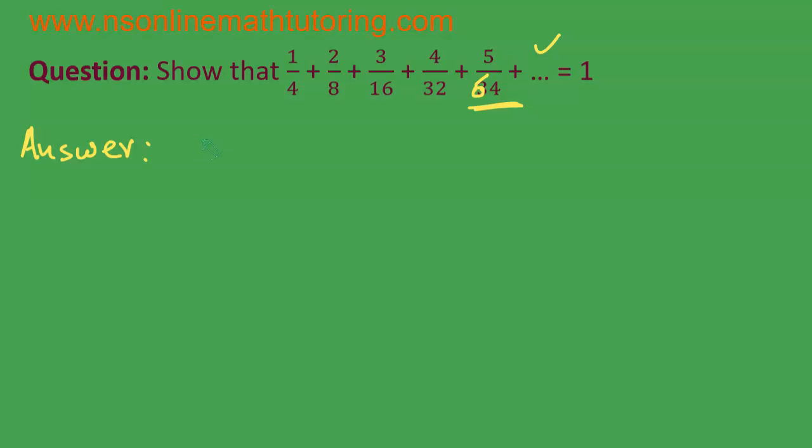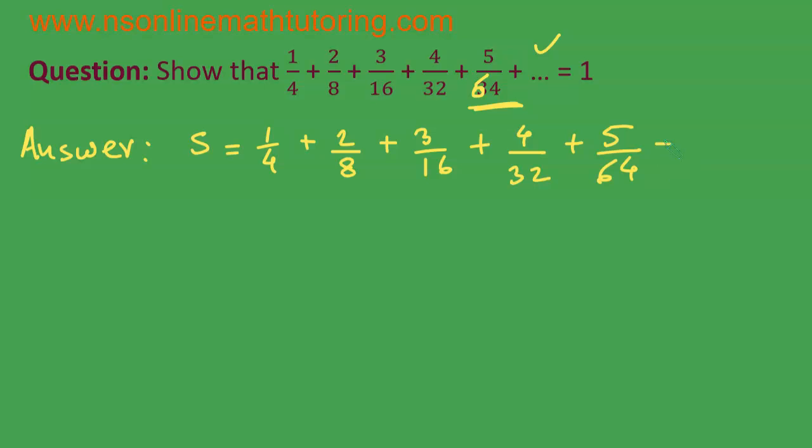So let us write S is equal to 1 over 4 plus 2 over 8 plus 3 over 16 plus 4 over 32 plus 5 over 64 plus dot dot dot. And again, let me show you that this is not a geometric series at all, because 2 over 8 is equal to 1 over 4 and 1 over 4 divided by 1 over 4 will be giving us a 1 as the ratio.